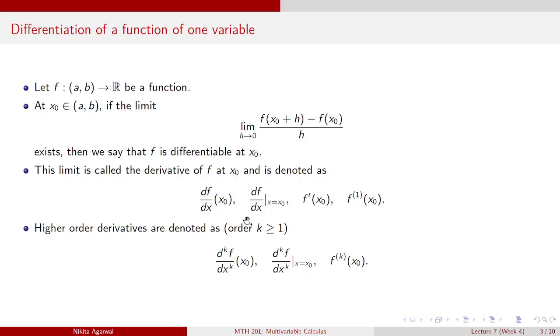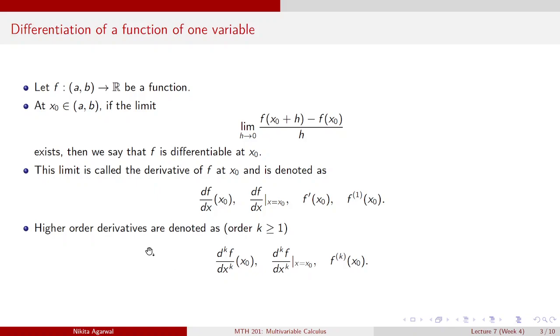And it had several notations. I have listed several that are used generally in books. The first is df dx at the point x naught, where you draw a vertical line and write x equal to x naught; then f prime of x naught, or f to the power 1 in brackets at x naught.